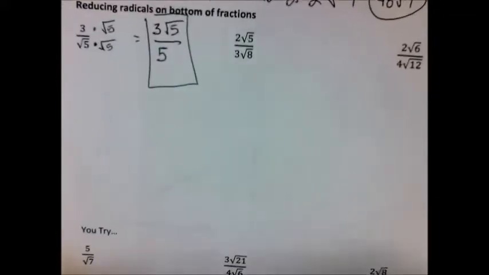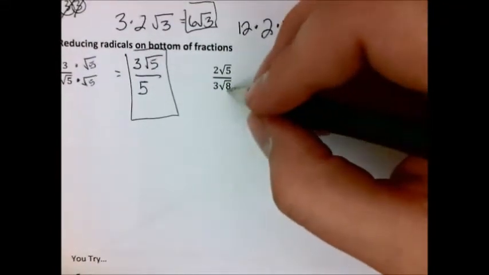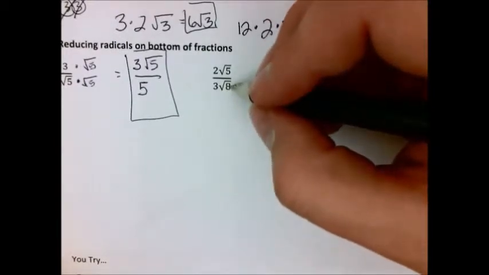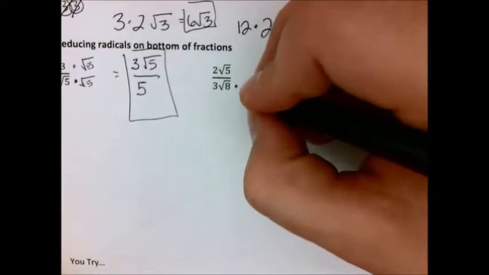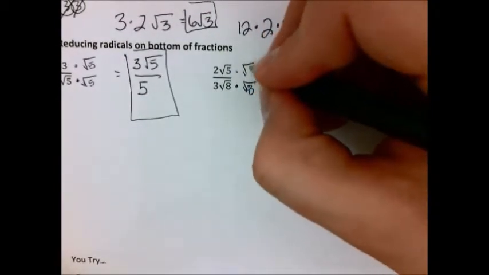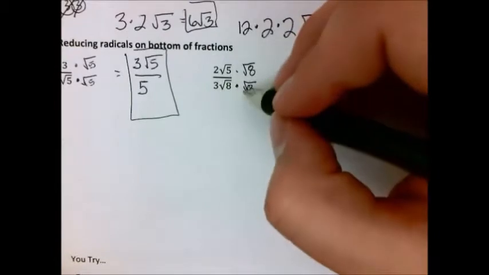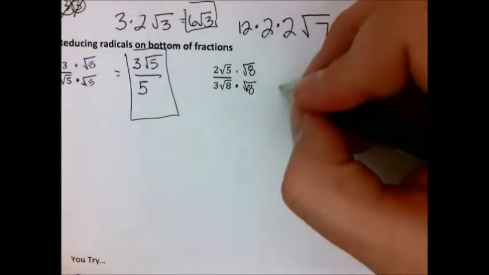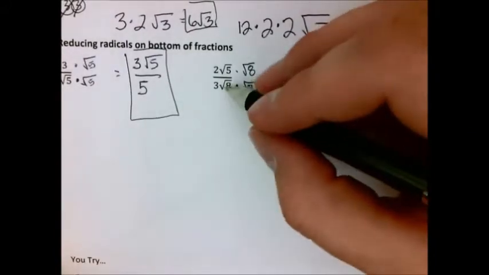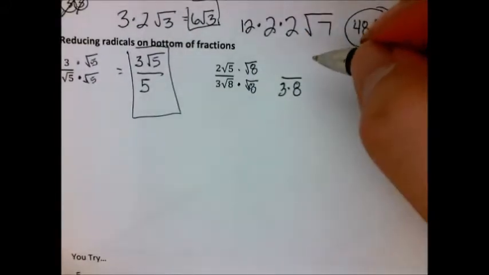This next one, we're trying to get rid of this thing on the bottom. Now, we're just going to be multiplying by just the radical, so this square root of 8. So we're going to multiply the bottom by a square root of 8, and we're going to multiply the top by a square root of 8. So we multiply the bottom, we end up getting 3 times 8, because the square root of 8 goes away.